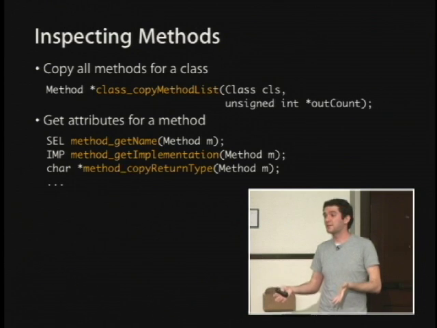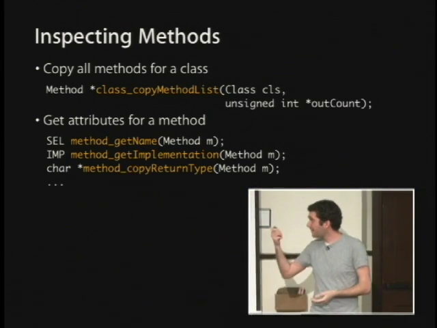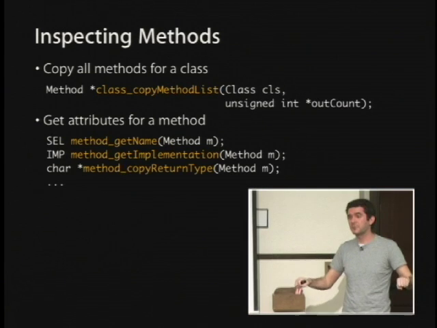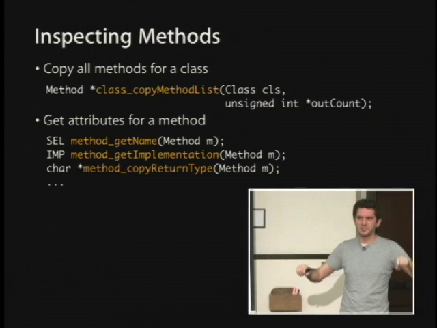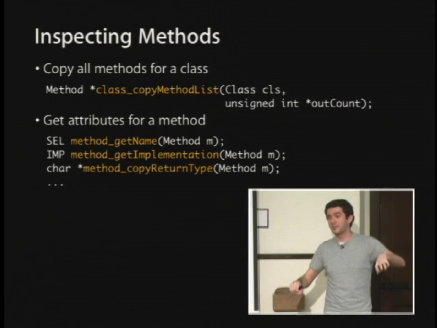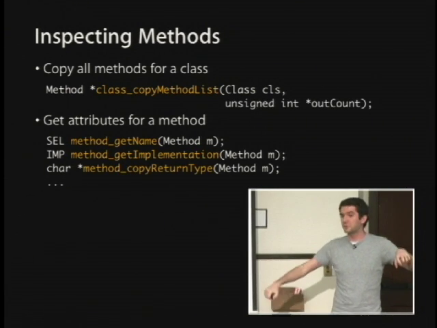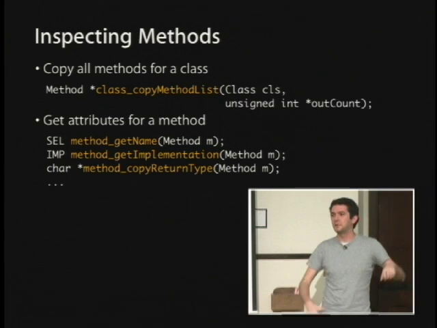What that method is can be changed at runtime. They are two different things, and you can replace the method associated with a particular selector on a given class. So code that was compiled to call a particular selector may end up calling some different method at runtime if you've manually replaced it.